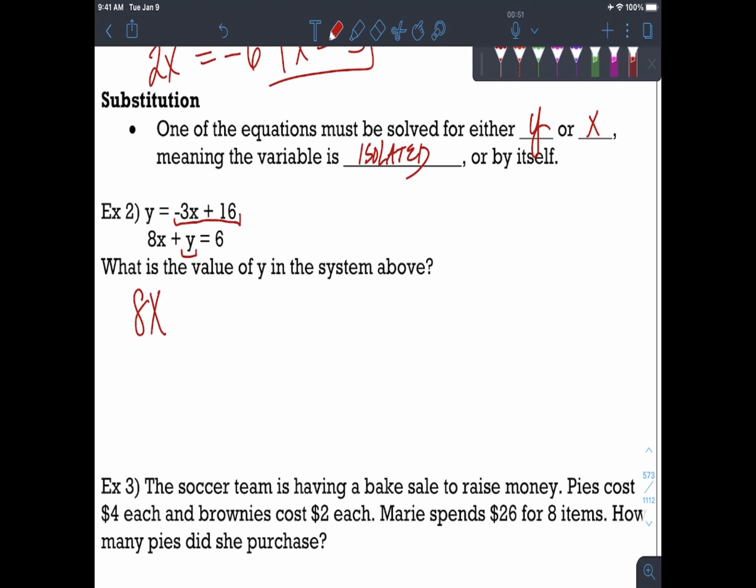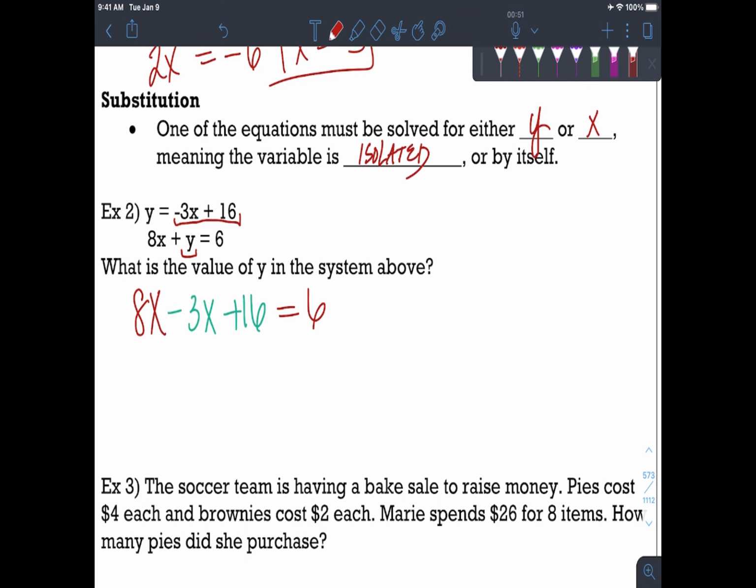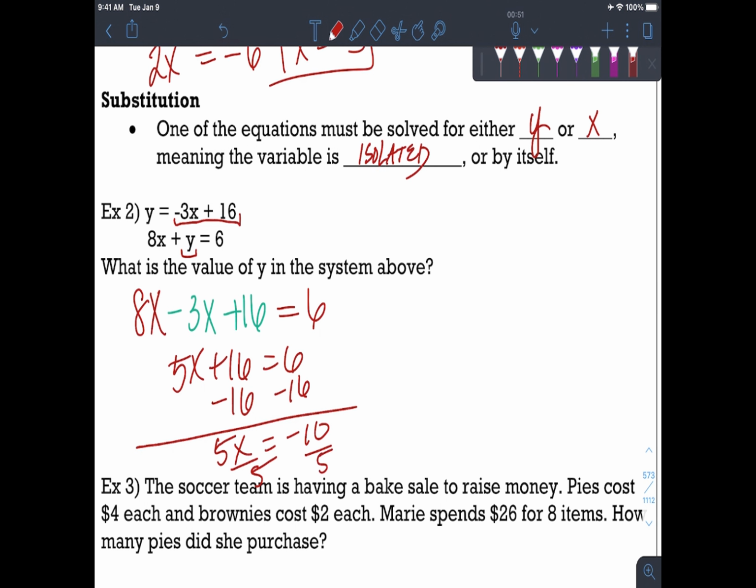8x. All right, so now I'm going to combine like terms. I'm going to do an exciting move. Great divide. And I ended up with an x value. Now I need to plug this back in and find y.